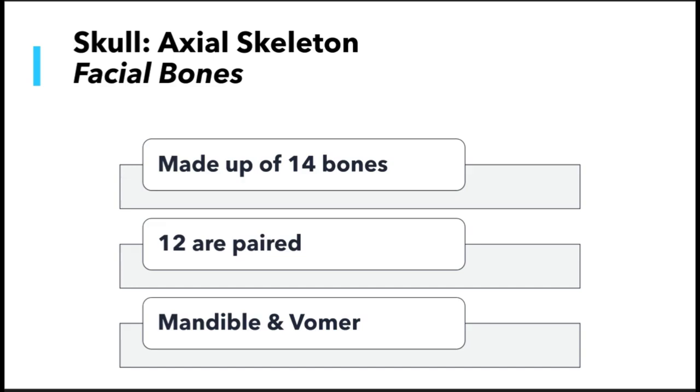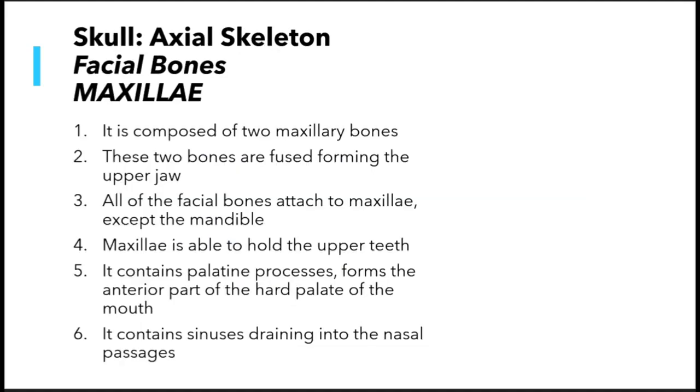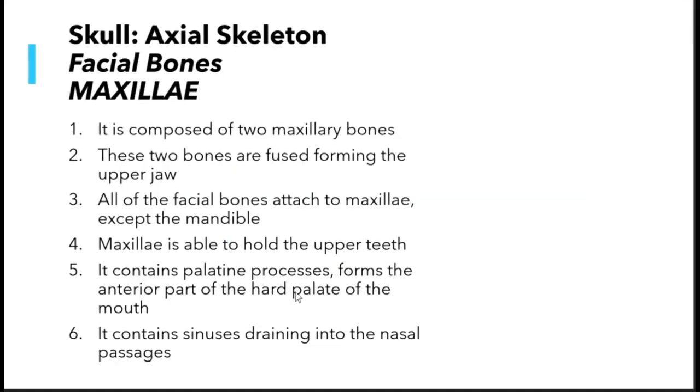Okay, in your facial bones, the only unpaired bones are your vomer and mandible. Let's now have maxillae. So all of the facial bones attach to maxillae except for the mandible.